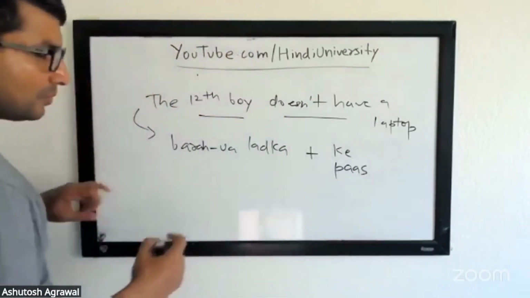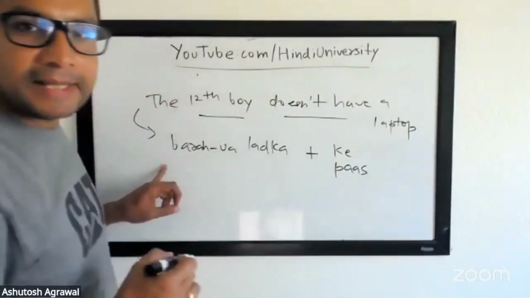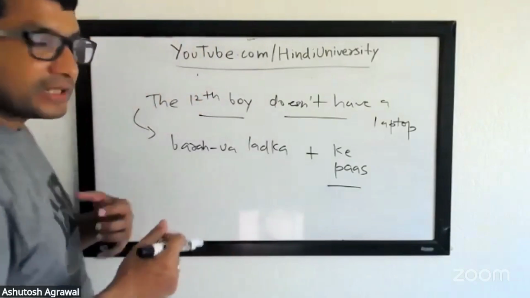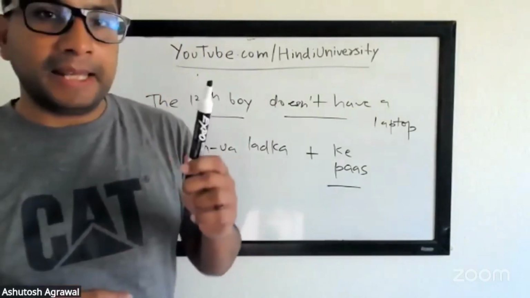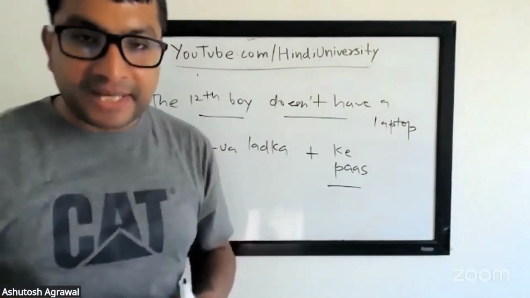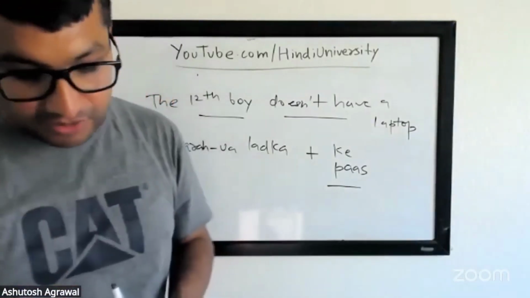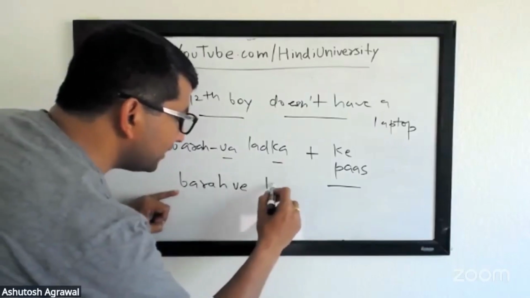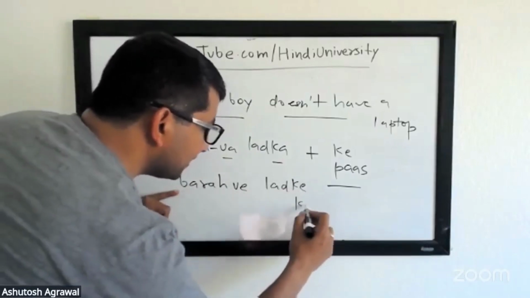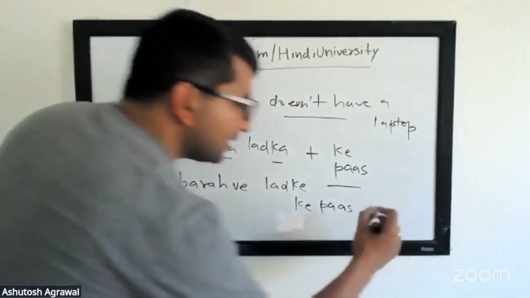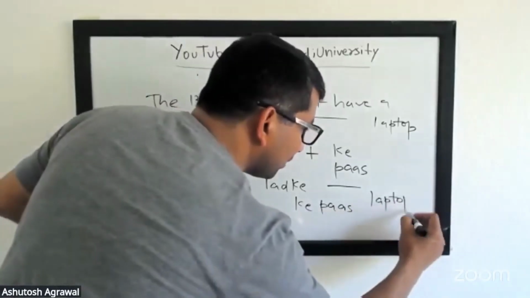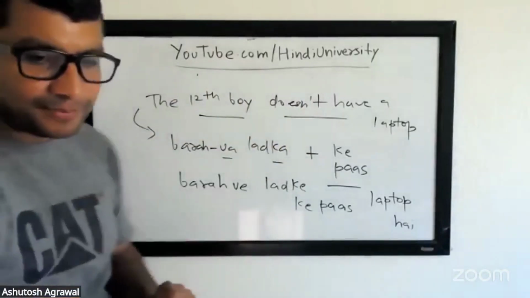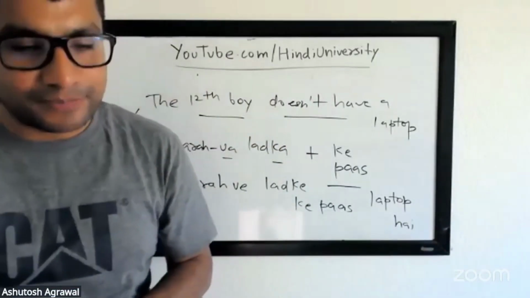When you want to have possession, it's ke paas. For example, if I want to say mere paas pen hai, I have a pen. Mere paas cup hai, I have a cup. It is just like an adjective, it will become barve ladke ke paas laptop hai or laptop nahi hai. Okay, 12th boy has a laptop. The 12th boy has a laptop.